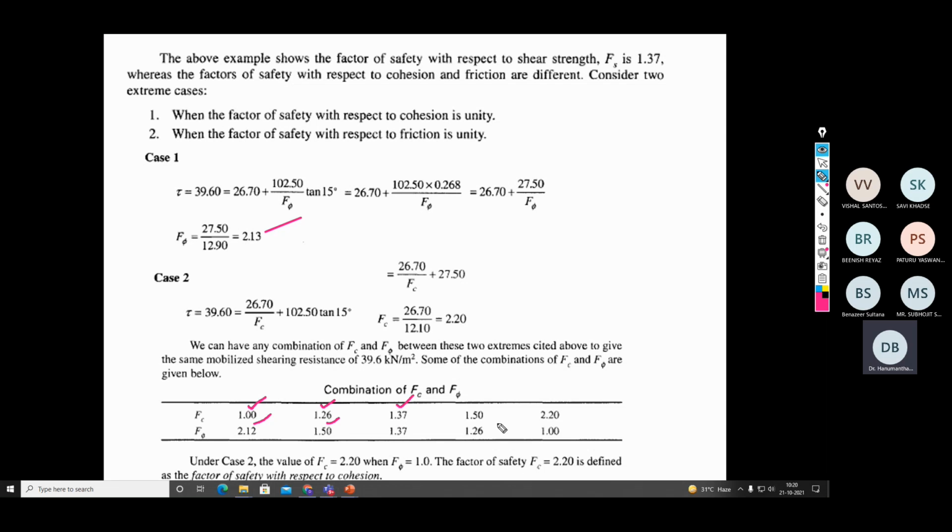Or the other way, so this is factor of safety with respect to cohesion is 1.5, then the factor of safety with respect to the friction is 1.26. Or if you assume the factor of safety with respect to the friction as unity, this is the value of the factor of safety with respect to the cohesion that has been calculated.